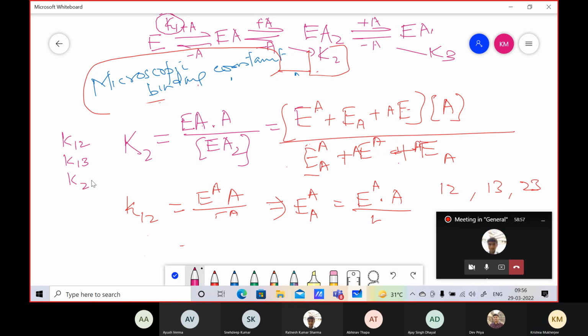K2, 2-1, K3-1, K23, K32. Actually, I should have drawn it much simpler. Can you see 1, 2, 2, 1, 1, 3, 3, 1, 2, 3, 3, 2. These are the 6 parameters here. Can you see this? Yes, sir.